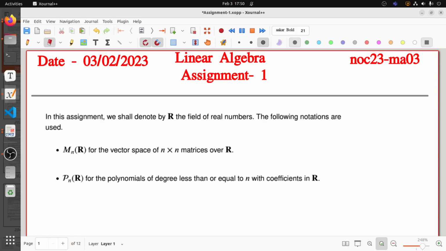W is all P in P3 such that P plus P star is 0. So question number 4 is saying that W is all P in P3 such that P plus P star is 0. So is this a vector space, or vector subspace of P3, or not?